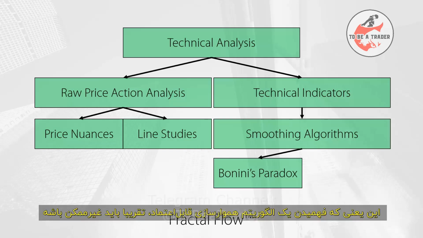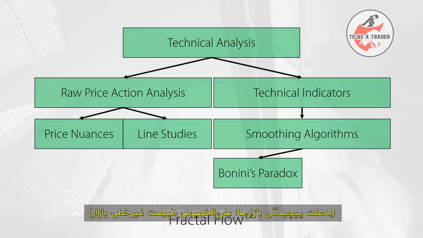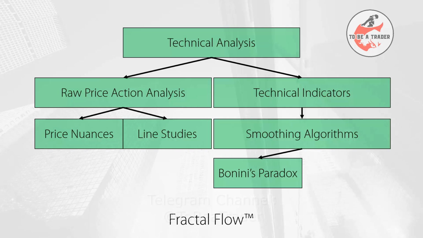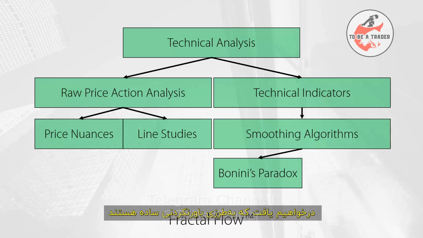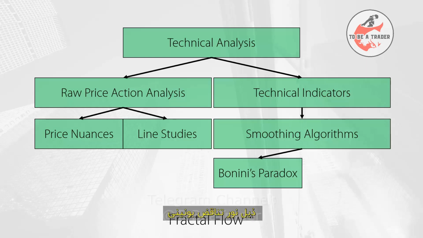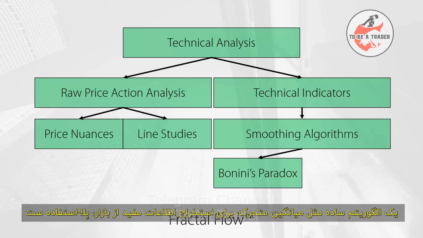That means that a reliable smoothing algorithm should be almost impossible to understand due to the complexity of the markets, especially its nonlinear nature. However, if we look at indicators' formulas, we will notice that they are incredibly simple. A simple moving average, for example, is just an average of the last x values of raw price. By the light of the Bonini's paradox, a simple algorithm like a moving average is useless to derive useful information out of the market.